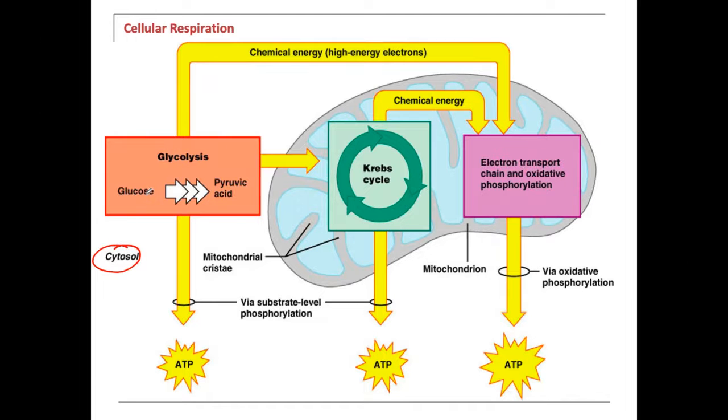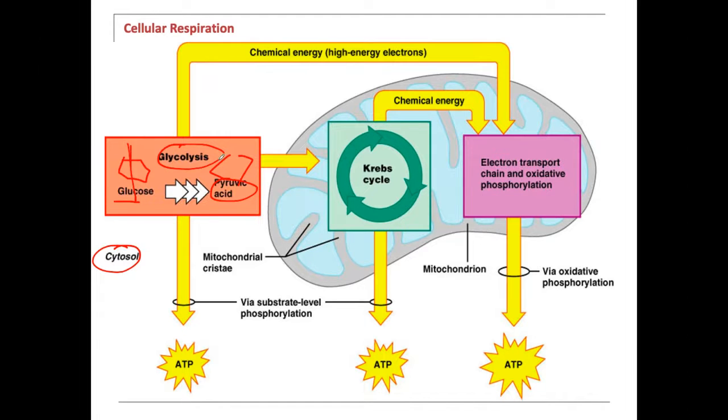Okay, so glucose can be broken down. Remember, glucose was that 6 carbon sugar, it can be broken down if we split that into 2 3 carbon sugars. That's called pyruvic acid. So if you can do that, that's called glycolysis. That takes place in the cytoplasm or the cytosol, and you don't need oxygen for that to take place.